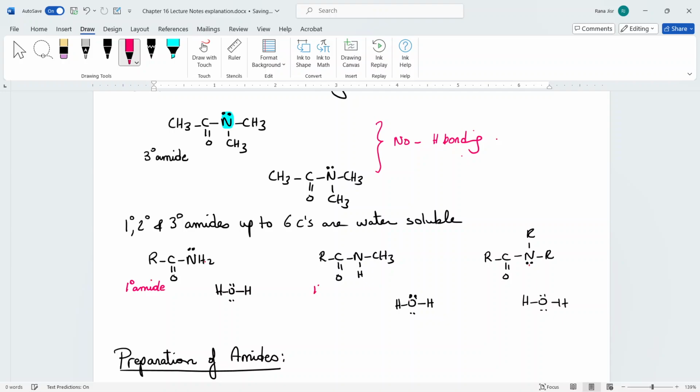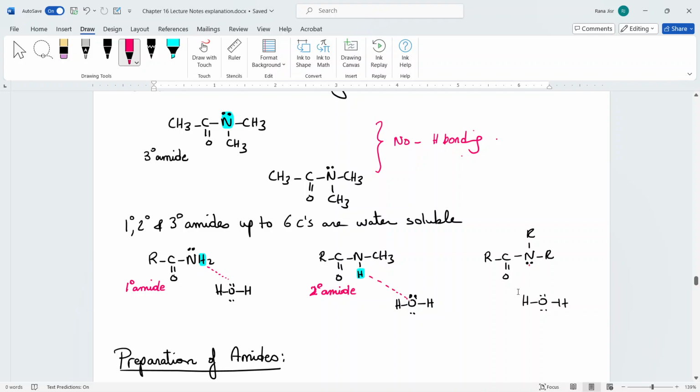This is a secondary amide in there. So both, they do have hydrogens on the nitrogen. So one of these hydrogens is going to come and interact with the oxygen of the water. Same thing, it's going to interact with the oxygen of the water in there. And I would have a hydrogen bonding. So primary and secondary amides are considered to be water soluble.